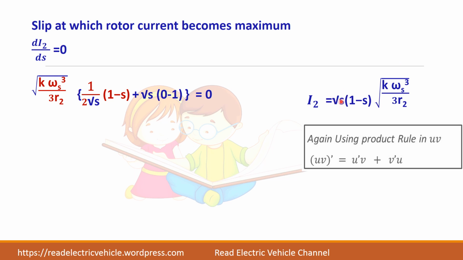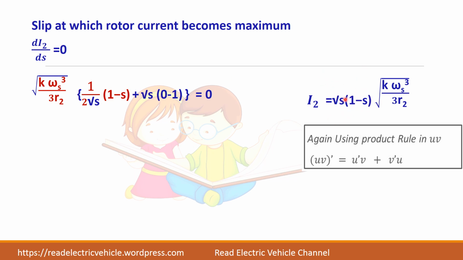Square root of S is actually S power half, so if you differentiate, you get half into S power minus half. So it becomes 1 by 2 root S into V, plus V dash.